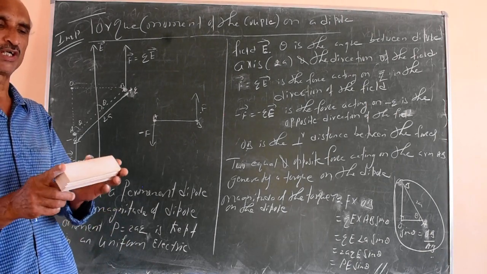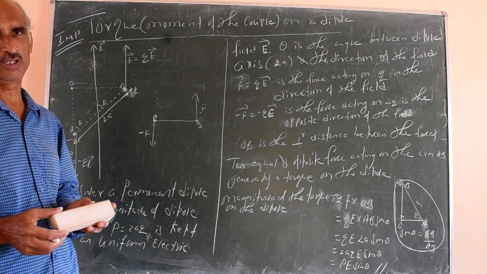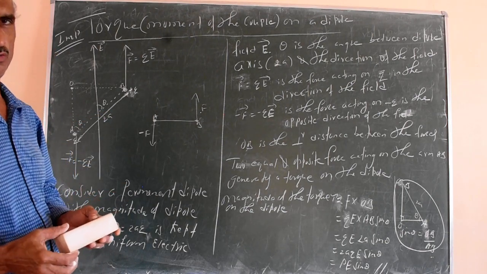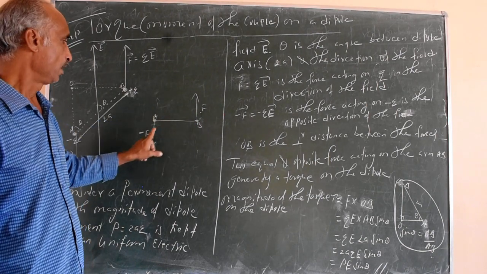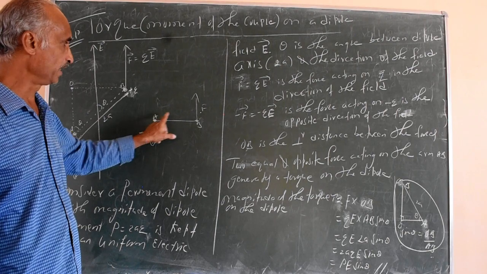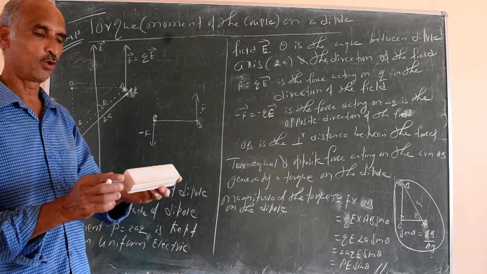The arm will be rotated. The rotational effect is called the torque. Two equal and opposite forces separated by a distance is called a couple. This couple rotates the arm.